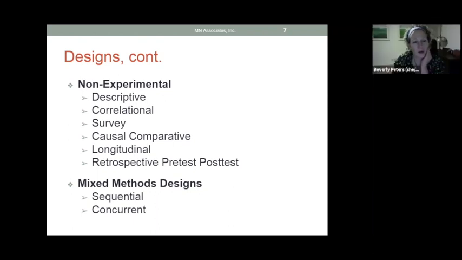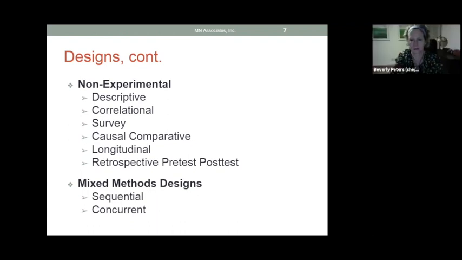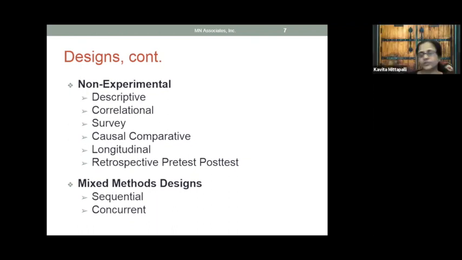And then there's the question on the sequential and the concurrent mixed methods design. Sure, you could elaborate on that. Yeah, sure. I have several slides on that, but I can very quickly talk about sequential and concurrent. The most popular one is concurrent.